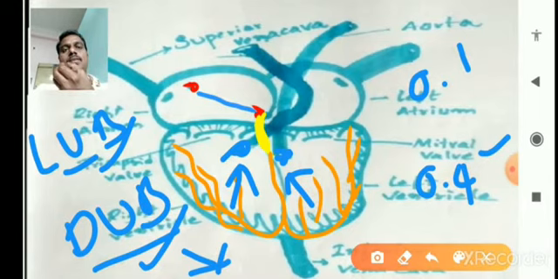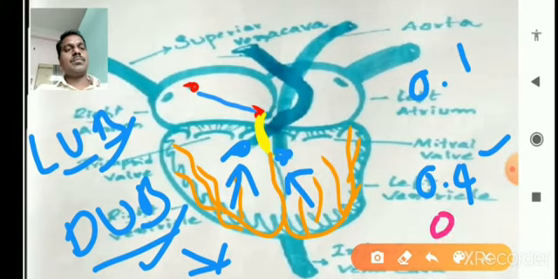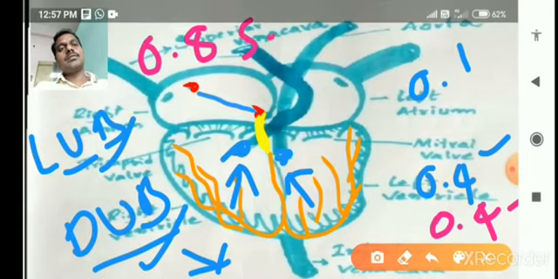At the same time the right and left auricles also relax. This process takes 0.4 seconds again. So the total contraction and relaxation of the heart takes 0.8 seconds.